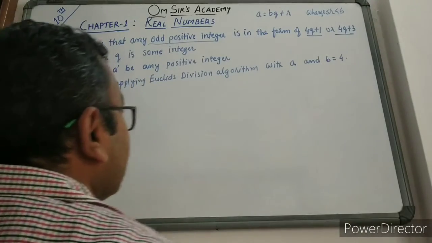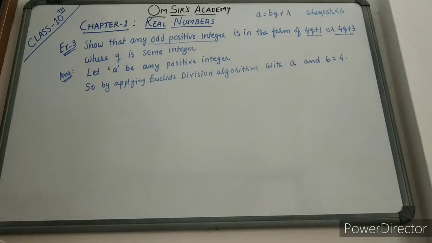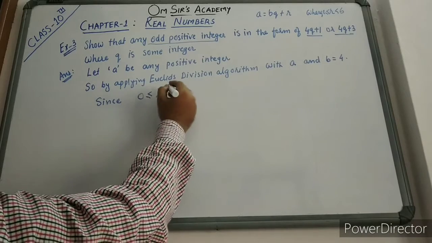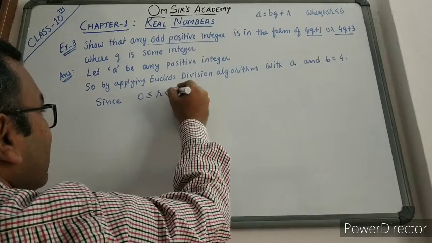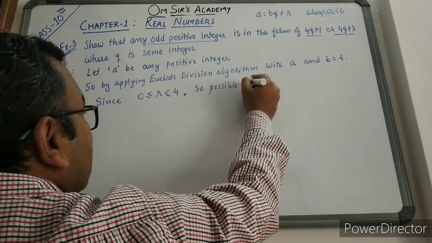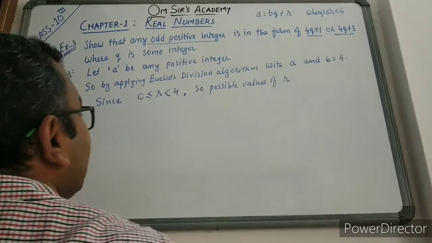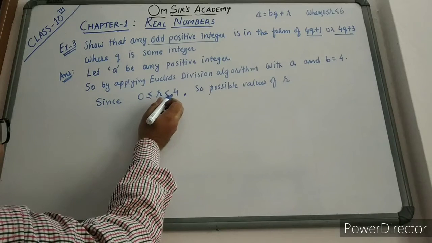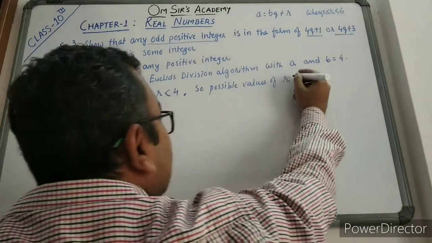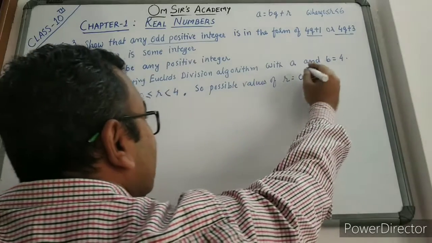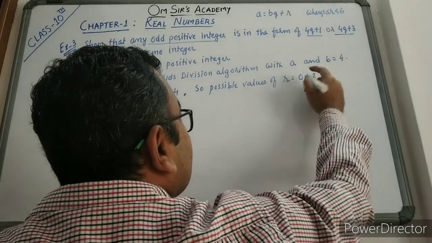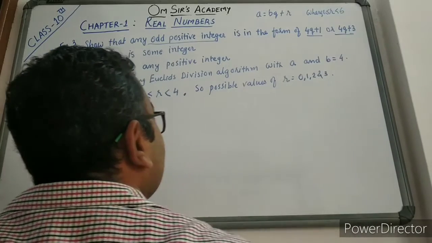So what are the possible values of r? Since r is greater than or equal to 0 and less than b, and b is 4, the possible values of the remainder are 0, 1, 2 and 3. We won't take 4, it should be less than 4. This will be the possible values of r.